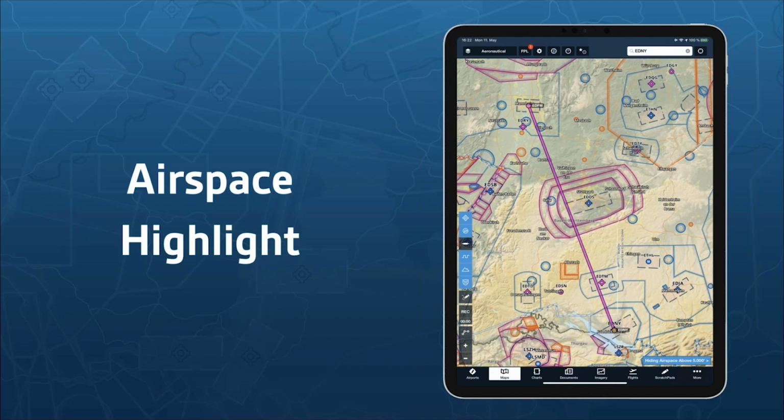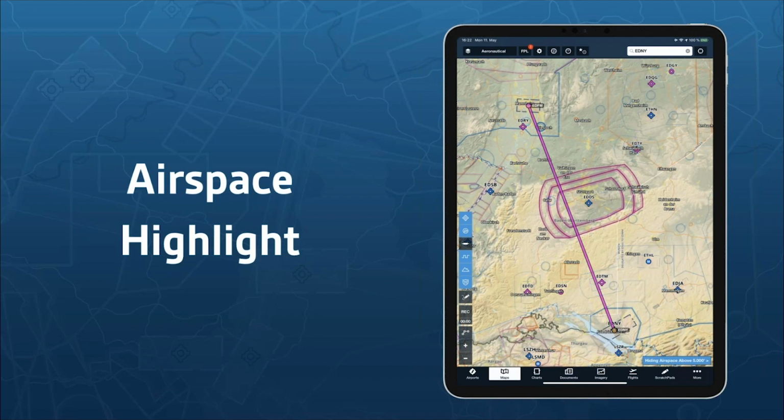It's fairly complicated airspace, but we may not be flying through all of that. If I turn on airspace highlighting, this is the difference. You're only going to see the airspaces you're flying through. Even if you're flying directly above it, if you're high enough above it, it will not highlight that airspace. If you're below it, it will not highlight that airspace, just to clean things up a little bit.